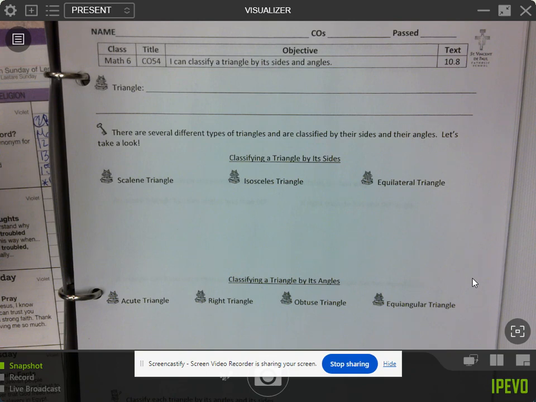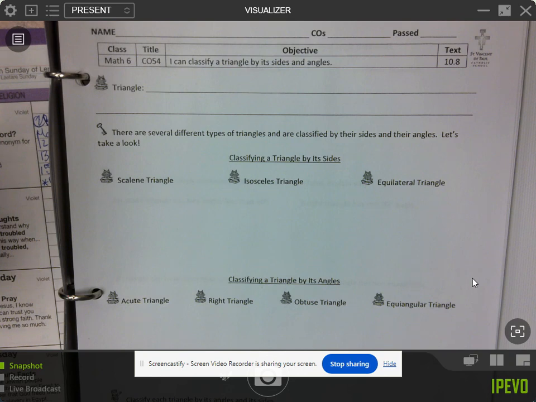Some triangle names go with the sides. Some triangle names go with the angles. It is important that we know the difference if it is a side name or if it is an angle name. So when we see it broken up on our page, classifying a triangle by its side, classifying a triangle by its angles, when we make our help sheet, you will want to have them labeled that way.